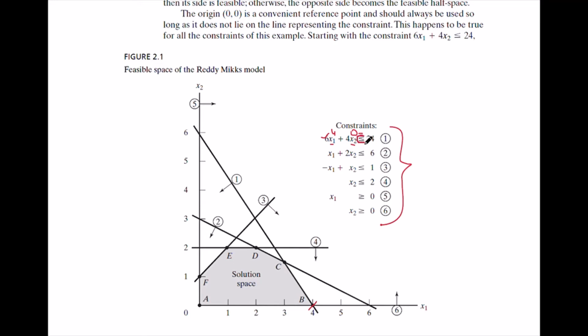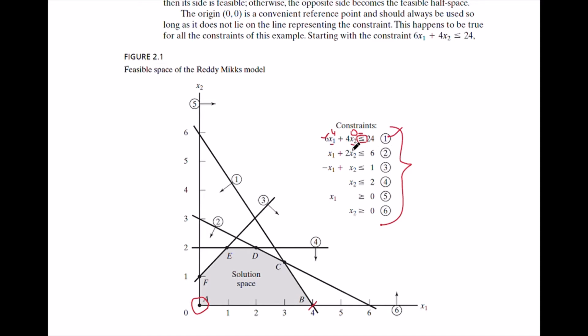Now, when it is less than or greater than, we mean the solution region. The whole space is divided into two halves by the equality line. If it is less than or equal to, we take a reference point, suppose the origin 0 0. We put 0 comma 0 instead of x1 and x2 to see if it satisfies the inequality 6x1 plus 4x2 is less than or equal to 24.